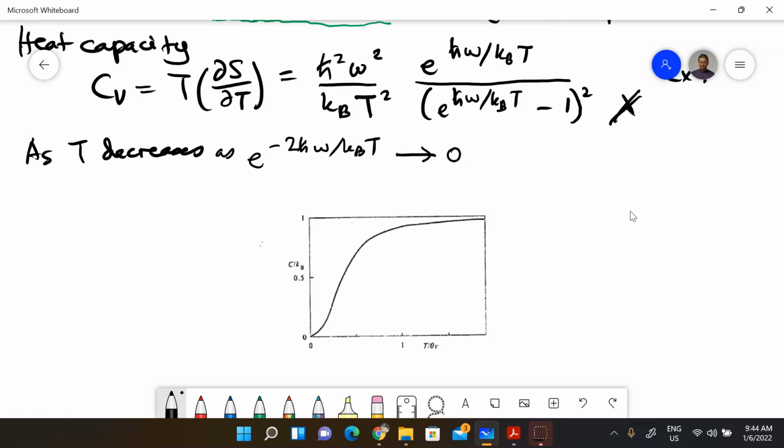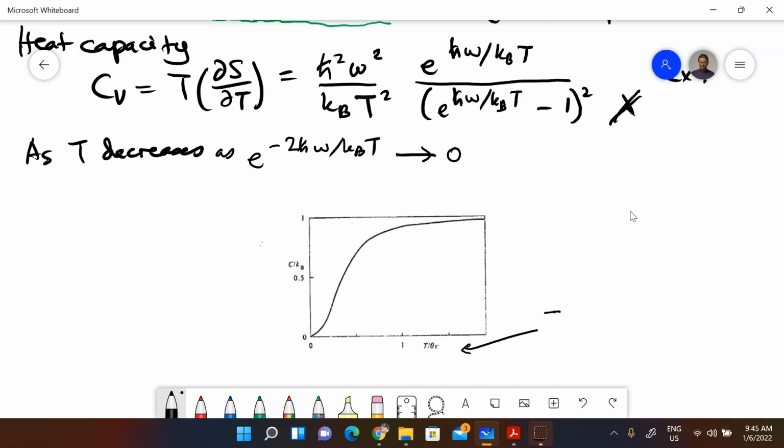Let me look at my book because it's not so clear there. Okay, there's a theta v which was defined.